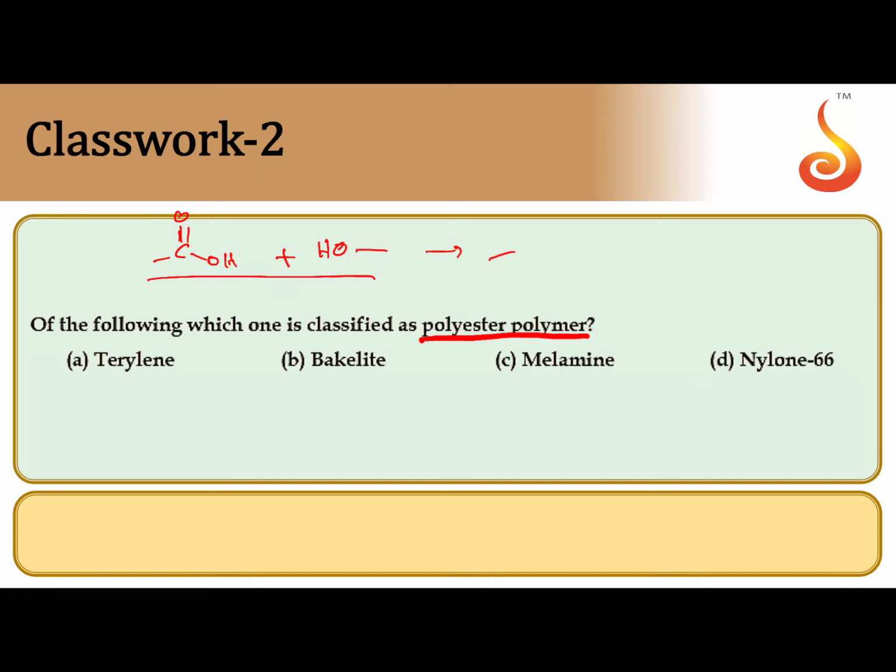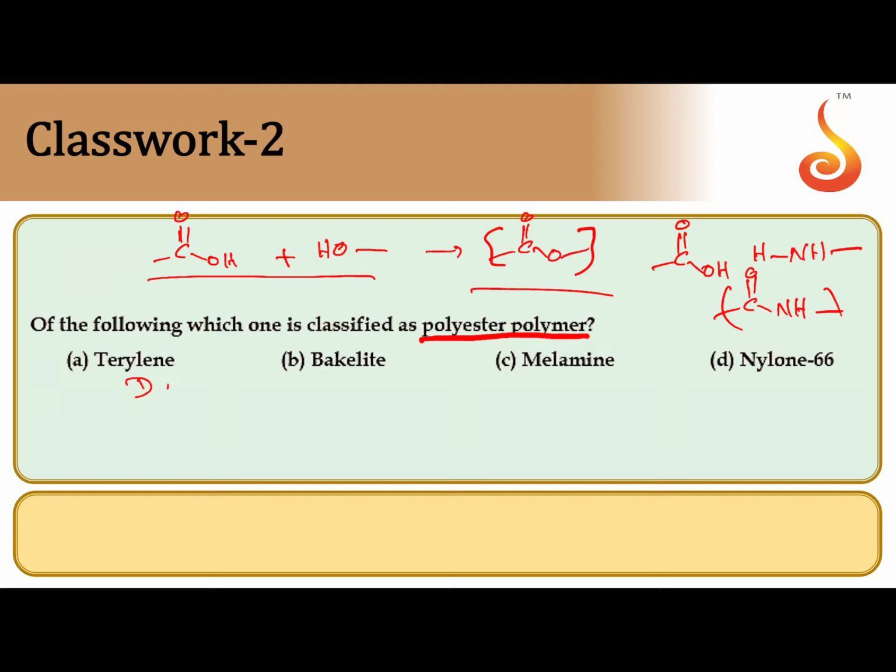Between those two, condensation polymerization takes place due to the formation of ester bond. That is called polyester. Sometimes in one monomer acid is present, in another monomer amine is present. At that time an amide bond is formed between them. That is called polyamide. So condensation polymers divide into two types.